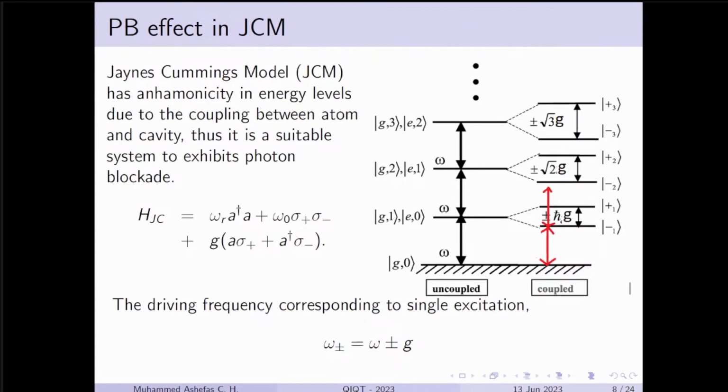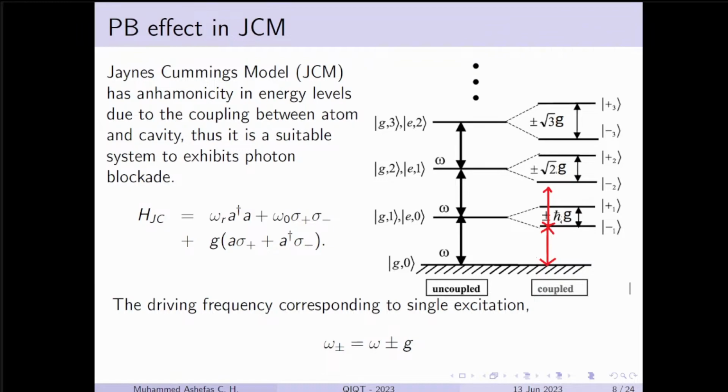If g is large, then we can limit the excitation to the single excitation subspace. Single excitation means the number of photons would be equal to 1. This condition is usually called the photon blockade. So we restrict the maximum number of photons. If you can restrict the maximum number of photons in the system to 1, then we call it the single photon blockade.